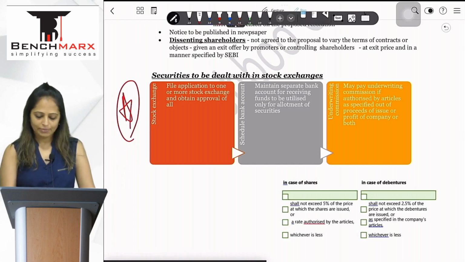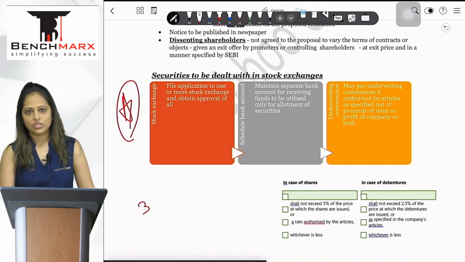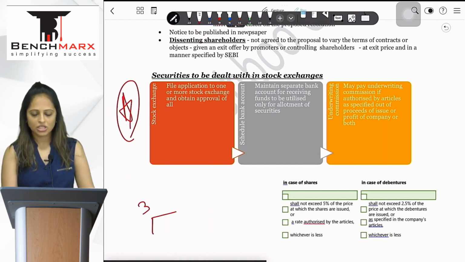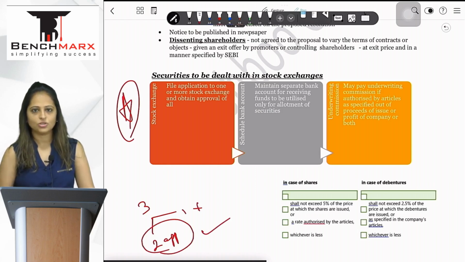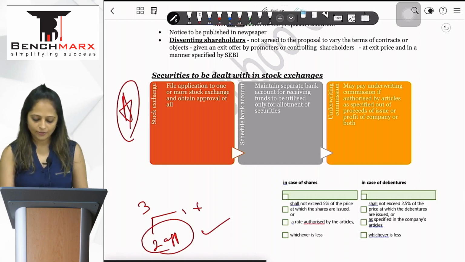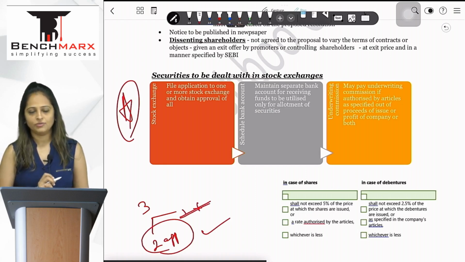Now, say for example, I have applied to 3 stock exchanges, out of which 2 have approved and 1 has rejected. Can I go ahead with these 2 stock exchanges and issue the securities to the public at large? You cannot issue the securities to the public at large even if 1 stock exchange doesn't give you the permission.